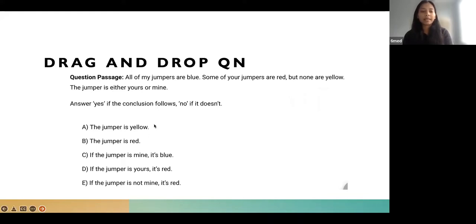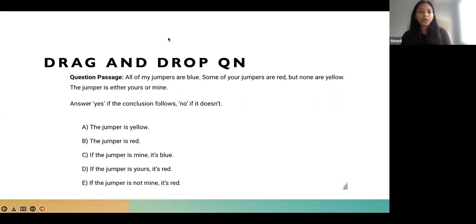So the first statement is the jumper is yellow. Is anyone willing to answer this? Will this be a yes or a no? Okay, most people saying no, perfect, because we know from this text that none of the jumpers are yellow, so this jumper cannot be yellow. So this is a no. Next statement, the jumper is red.